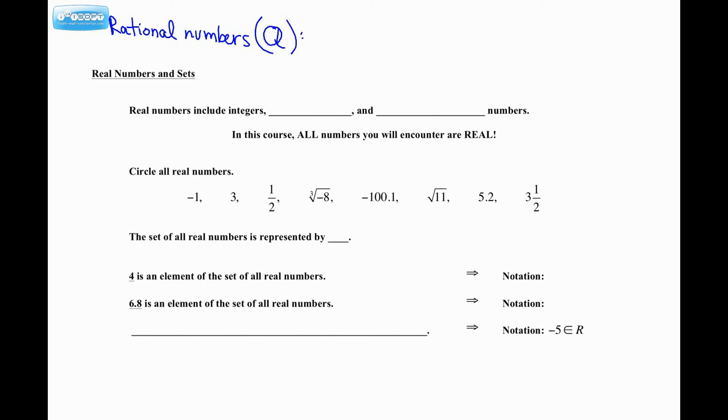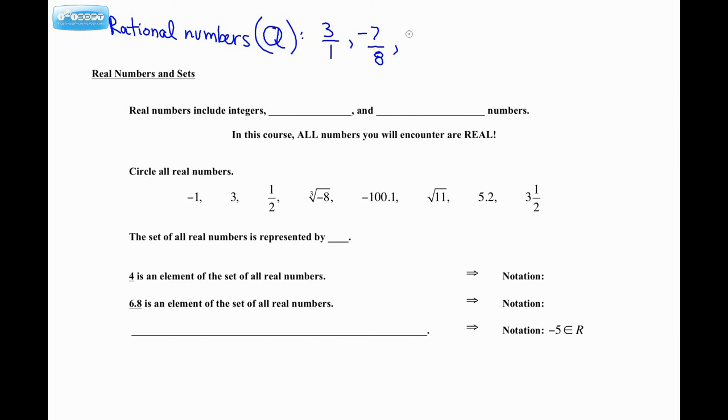Well, a rational number is any number that can be written as a fraction of two integers. Okay, so obviously that does include integers because, say, the number 3, we can write that as 3 over 1. Okay, so basically any fraction of two integers is rational.